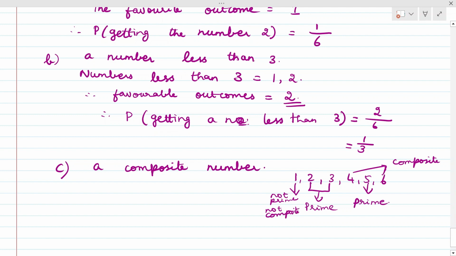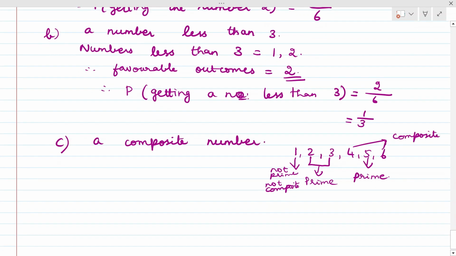So how many composite numbers do we have? We have 4 and 6, only two numbers. When you throw one die, we will have only two composite numbers, and they are 4 and 6. Even for prime numbers, 1 will not appear. Please remember this.